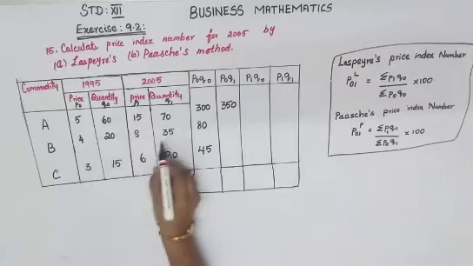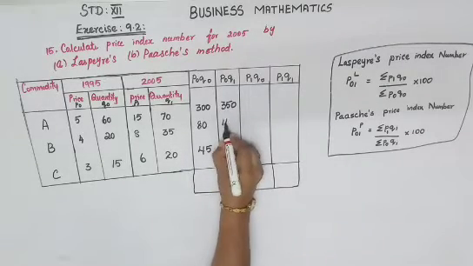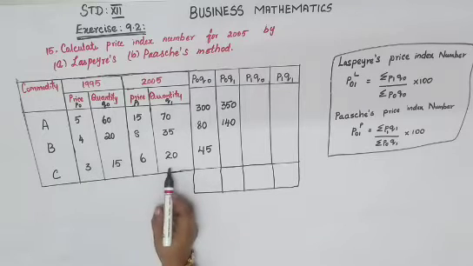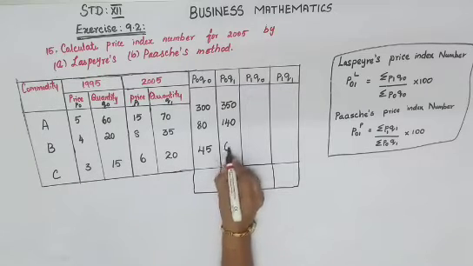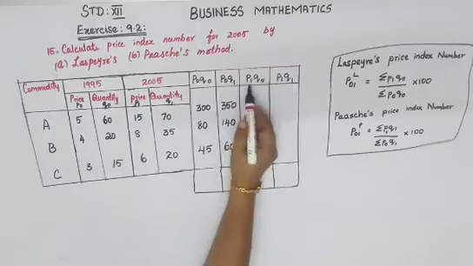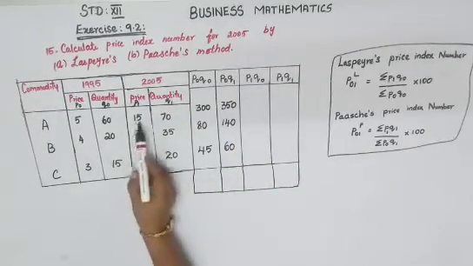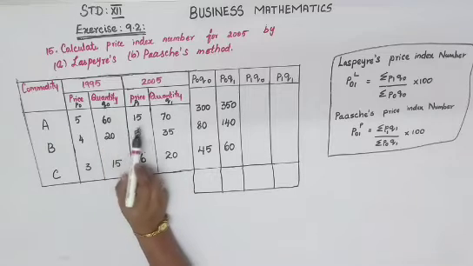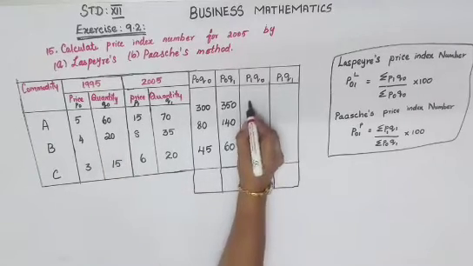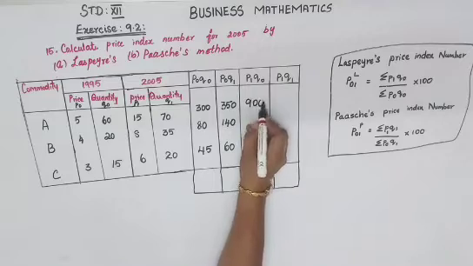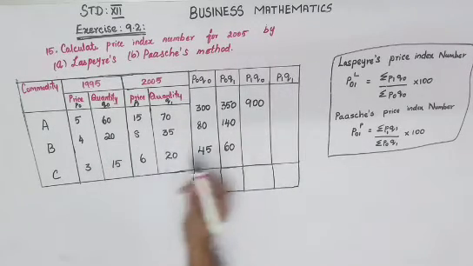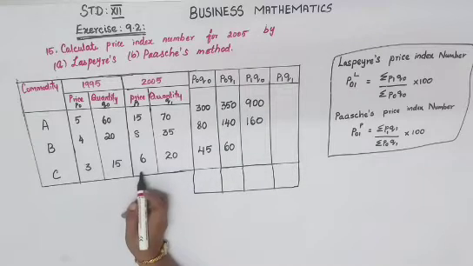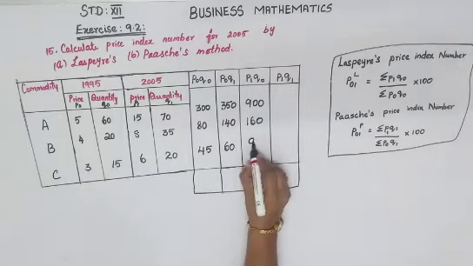Next is 4 into 35, you will get 140. Next is 3 into 20, you will get 60. The next column is P1 Q0. Middle two columns you will have to multiply. So 60 and 15, you get 900. Next is 20 into 8, you will get 160. Next is 15 into 6, you will get 90.